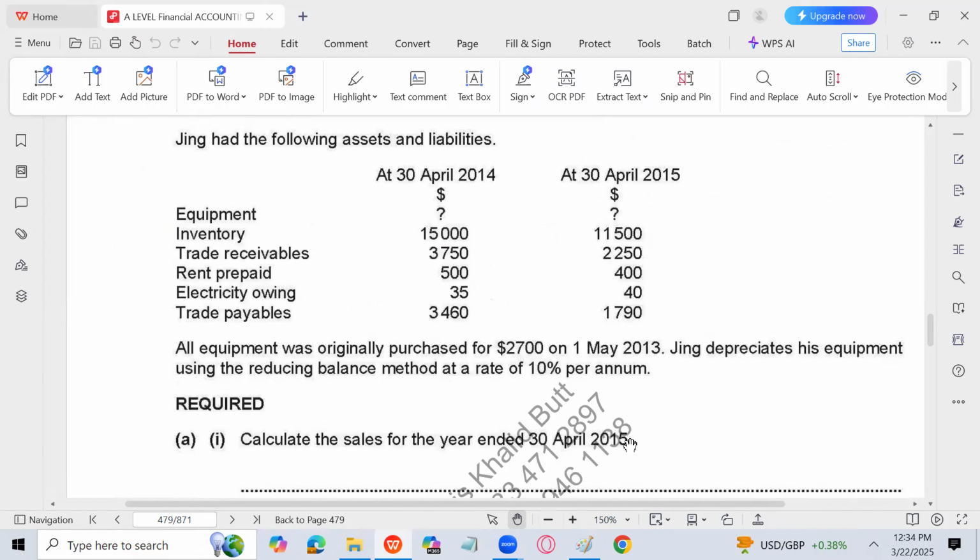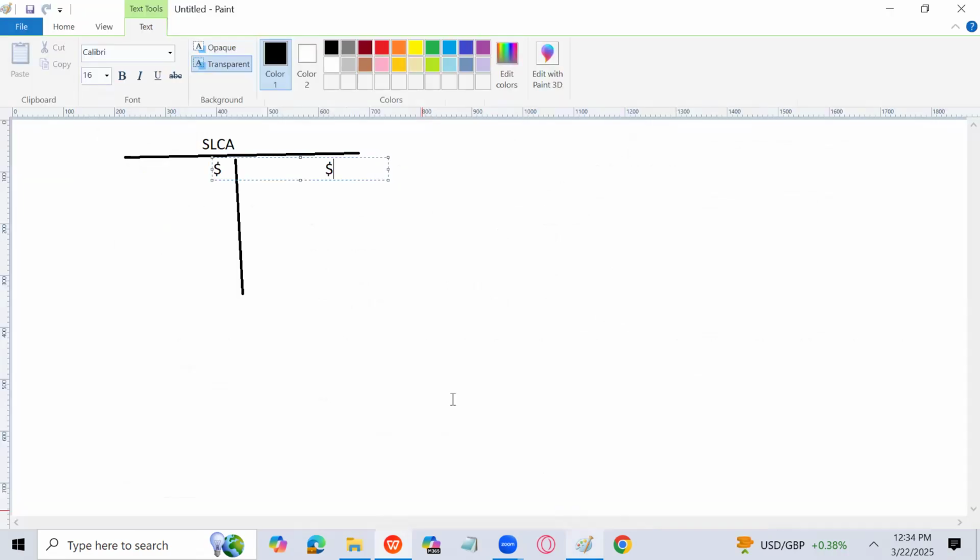And at the end is 2,750. I will write here brought down 3,750, and I will write carried down here 2,750. Next, I will write here cheque received from trade receivables. And I will write here credit sales, which I need to find. It is not given in the question.